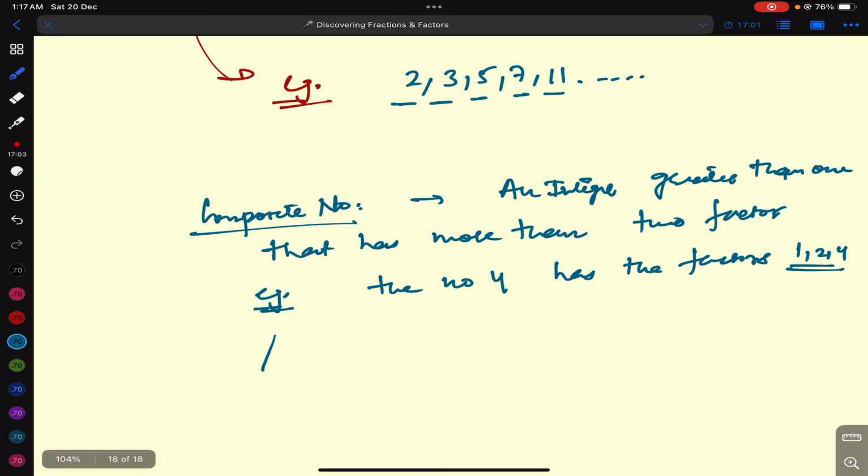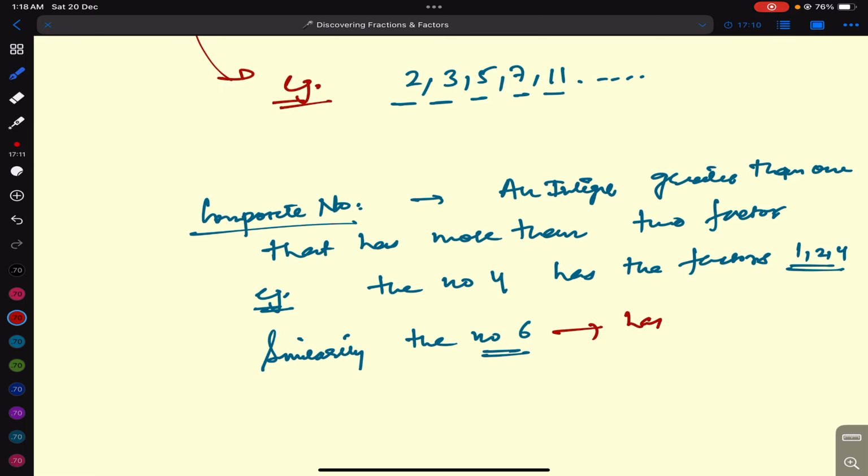Similarly, number 6 has 4 factors, which are 1, 2, 3 and 6. So we can say that a composite number is an integer which has more than 2 factors, unlike the prime numbers.